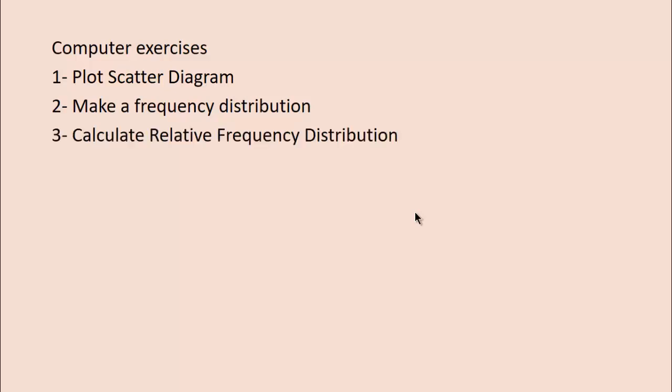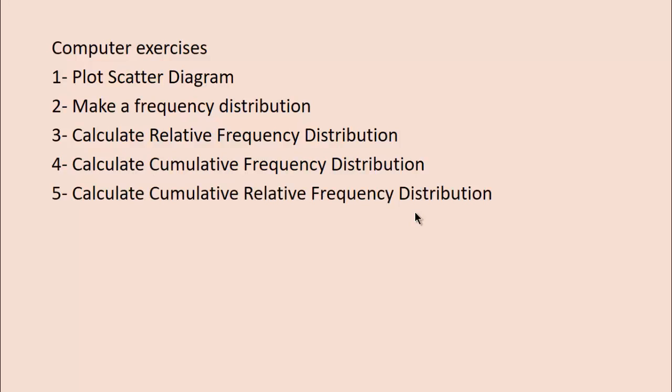And then we would go to calculate cumulative relative frequency. Then we will calculate cumulative frequency distribution. Then we will calculate the cumulative relative frequency distribution. Then we will plot the histogram. Probably this histogram would be done along with the frequency distribution, because the Excel sheet provides us this tool in one go.